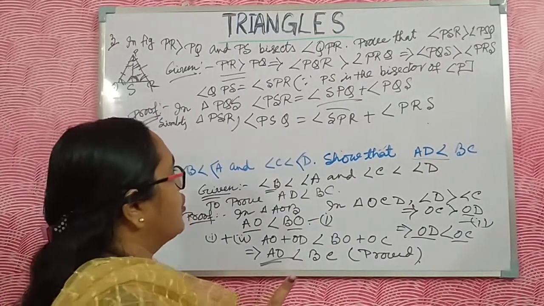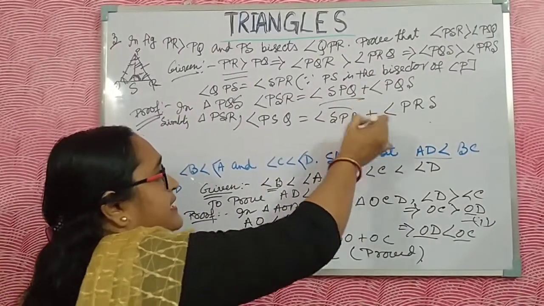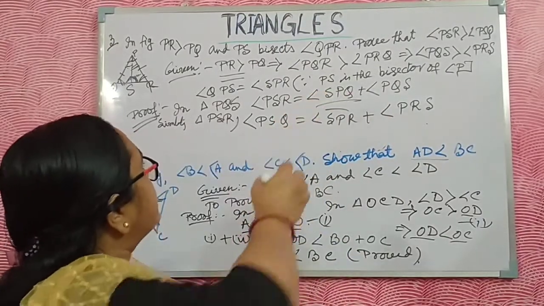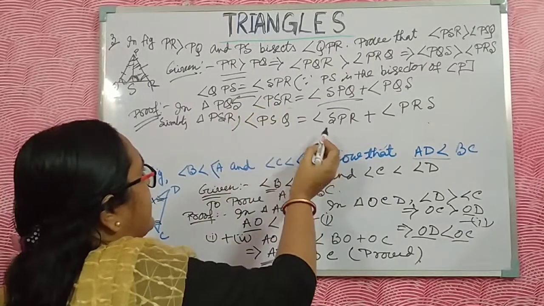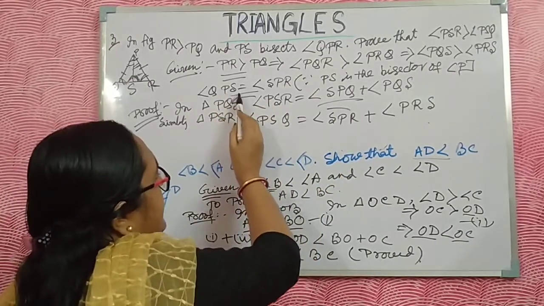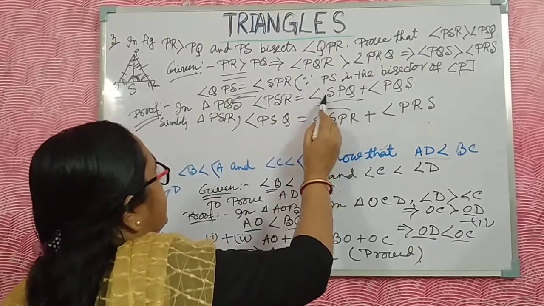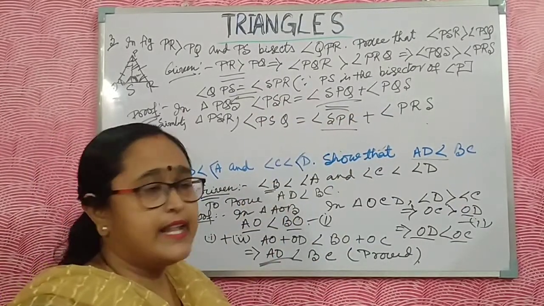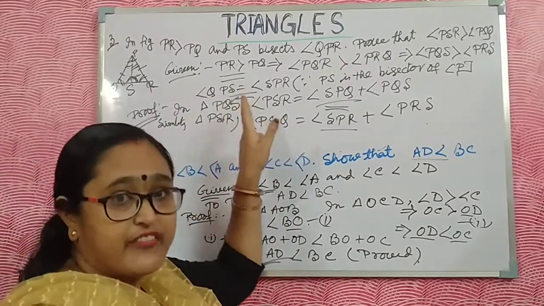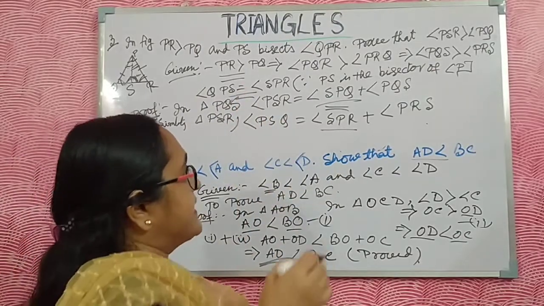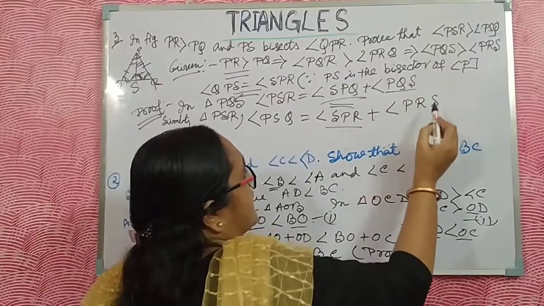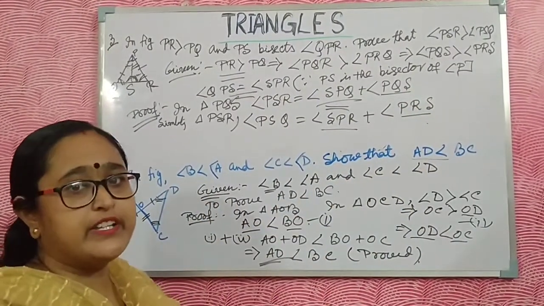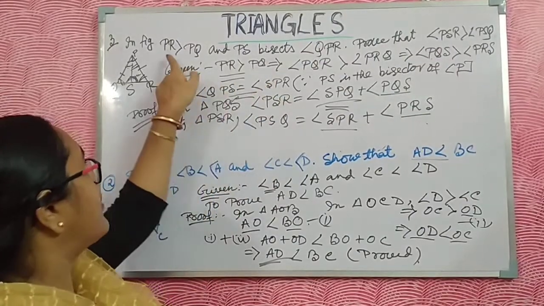And all of you know, from these two equations, I know that these are equal. Here, this is QPS and SPR. These and these are equal. This is the given data. And another thing is PQS greater than PRS. This is also given data. I just got it from this information.